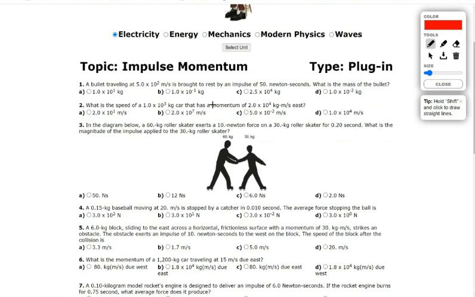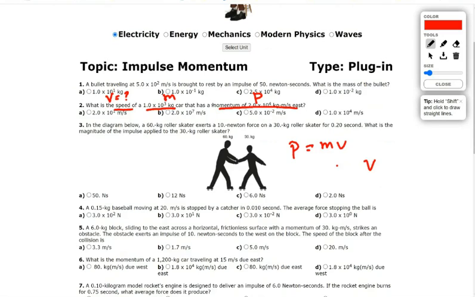What is the speed V equals question mark of a mass with a momentum P? Your reference table will tell you that: P equals M times V. What is the speed? Unknown.